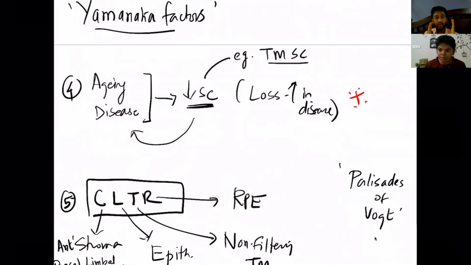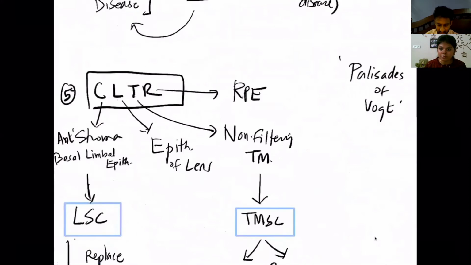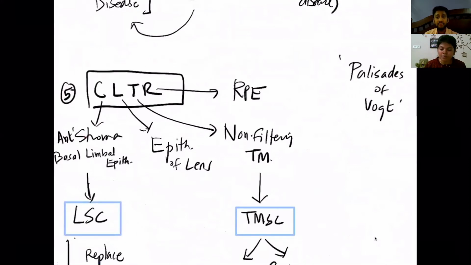So that is a very important thing to understand. Aging and disease are 2 processes which can cause reduction in stem cells. As far as the eye is concerned, there are multiple stem cells yet to be explored, for example, in conjunctiva or maybe in sclera. But the most commonly studied ones are C for cornea, lens, trabecular meshwork, and retina.